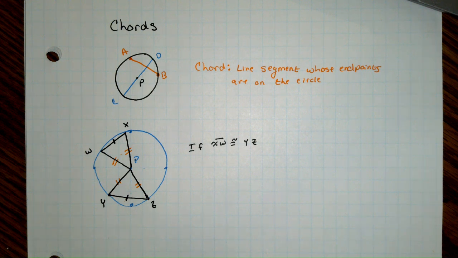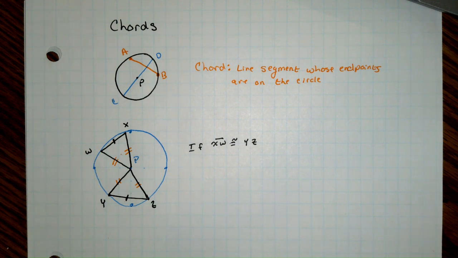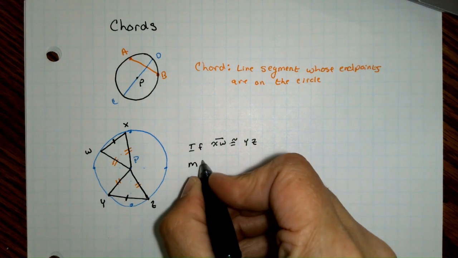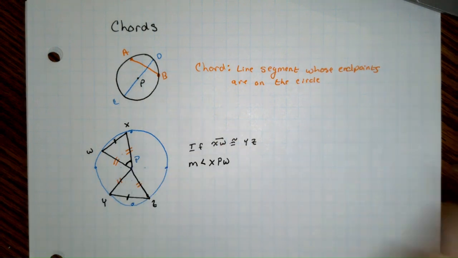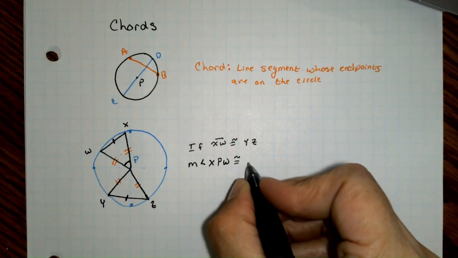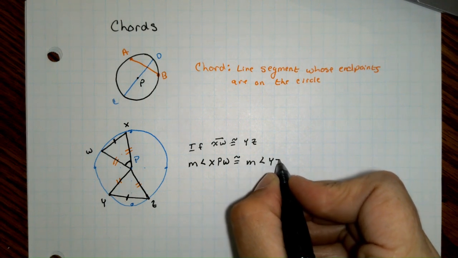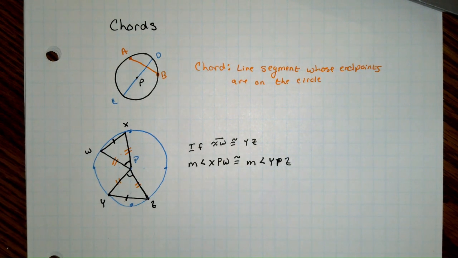So because of that, since the triangles are congruent, the corresponding parts of the congruent triangles, we can say the measure of angle XPW, that one, is congruent to the measure of angle YPZ, this one. Which makes sense because there's the radius making up the sides and all that good stuff.